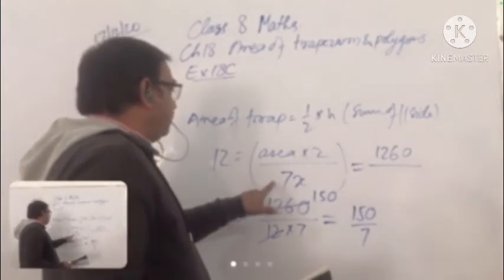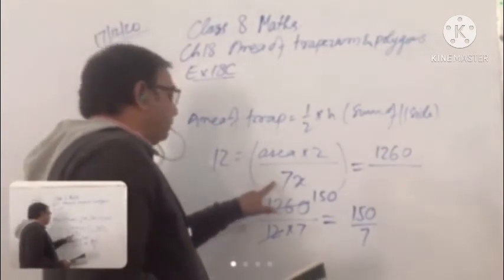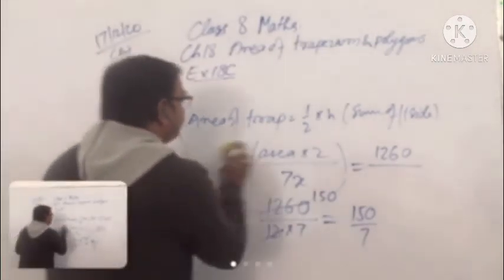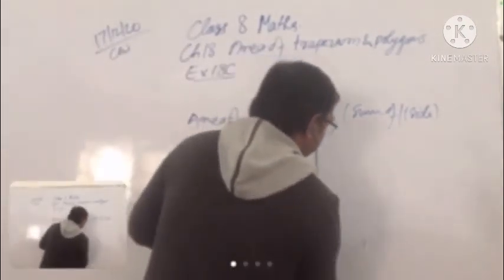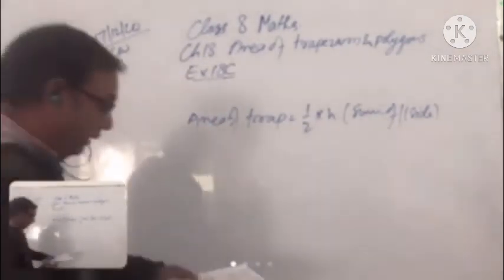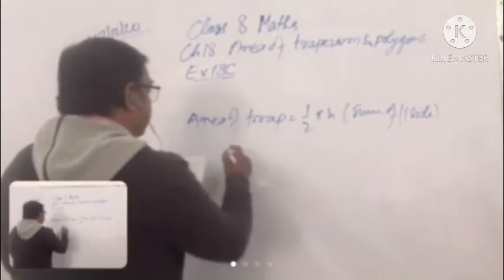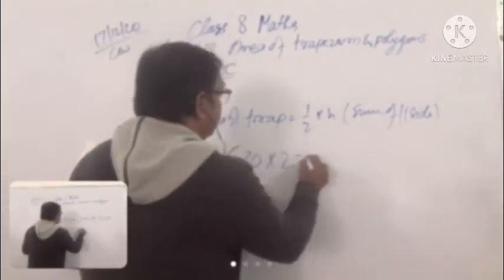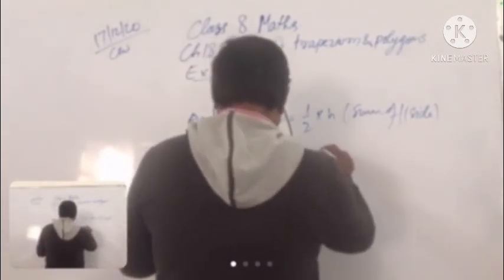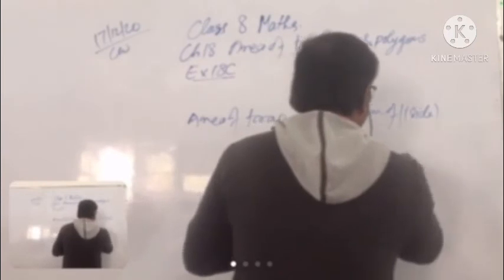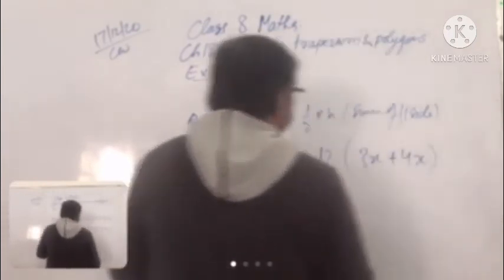So I think it is wrong. Okay, let us check. Now let us check this question. Now the area is what? 630 times 2 is equal to, the height is what? 12, and the sum of the parallel sides is 3x plus 4x.